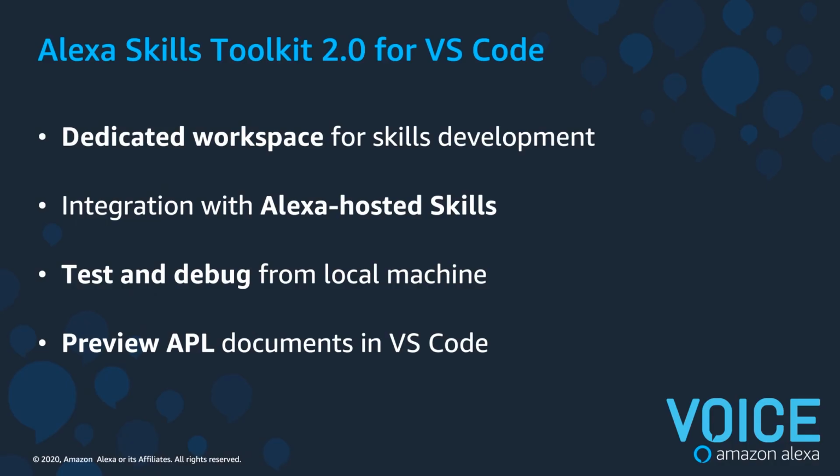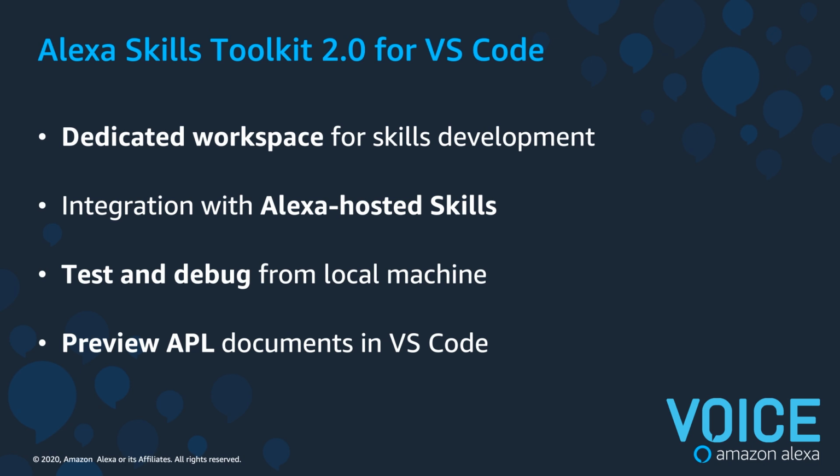First, let's start with the one prerequisite that you need to follow this session, the Visual Studio Code IDE. I'm assuming you have installed it already, otherwise you should head to code.visualstudio.com and install it. So how do we enable the IDE for Alexa skill development?